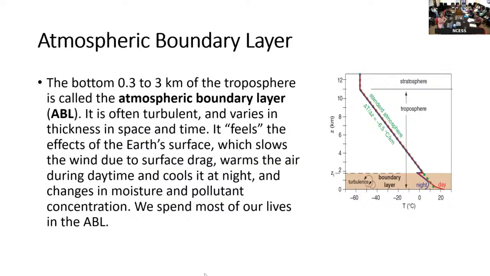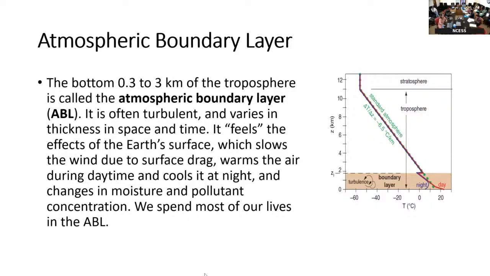The profile of these basic variables will be changing in the boundary layer. It feels the effect of the surface and slows the wind due to surface drag. Surface drag is there because the airflow is obstructed by the surface, friction and terrain. All these change the atmospheric parameters, and random mixing of air happens in the boundary layer.